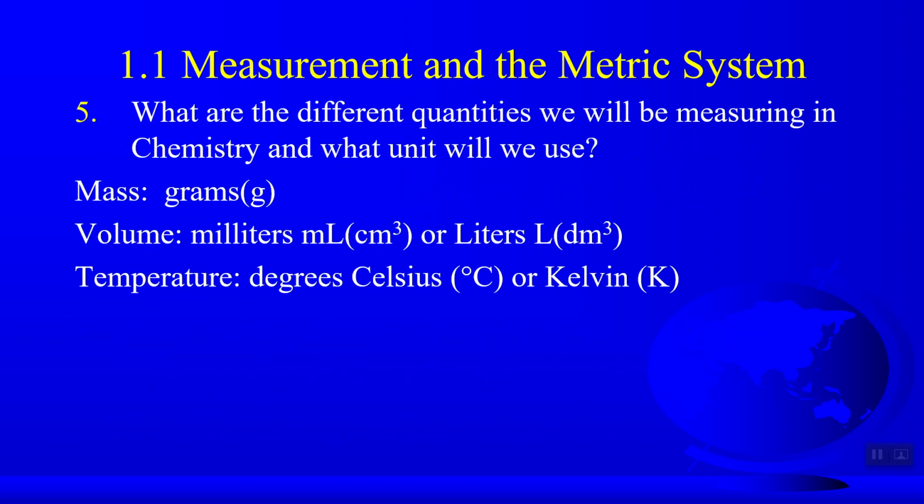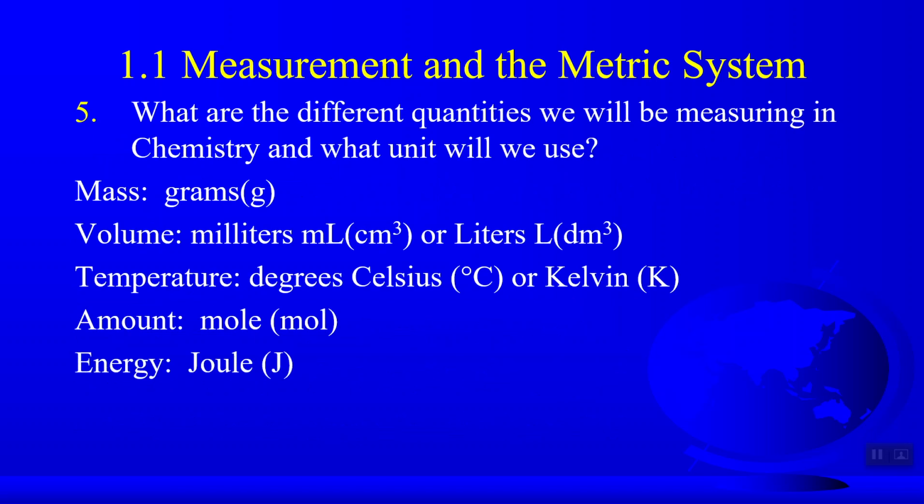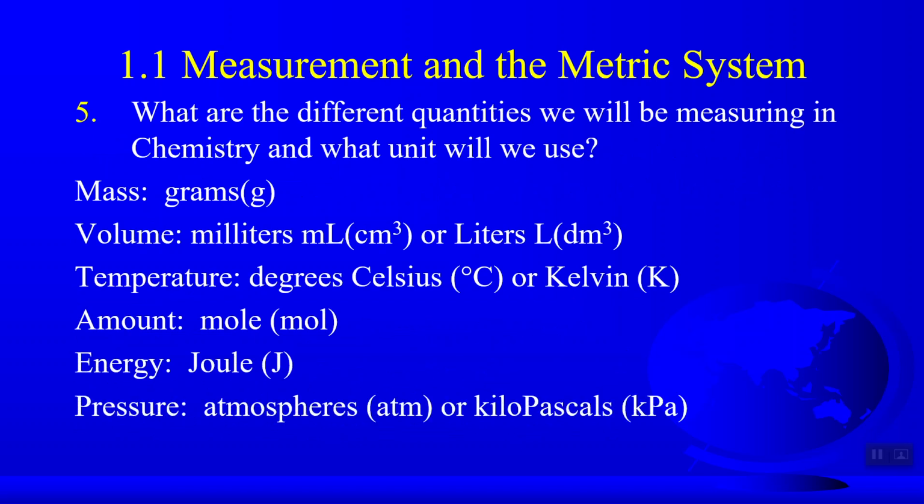Kelvin is in SI. The amount is going to be mole. Make sure you're writing this down. Energy is in joule, and pressure is in atmospheres, or, as I told you about, pascals, kilopascals. The reason why we use kilopascals is because a pascal is too small. Time is in seconds, s.